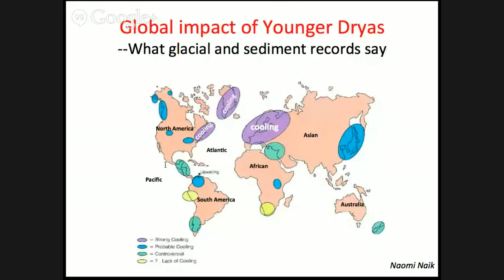This is reflected from the sediment discovered there. And here is the cooling people found by using the data from the Hulu cave in China. So basically, the northern hemisphere cooled in the Younger Dryas period, and the southern hemisphere is vague.